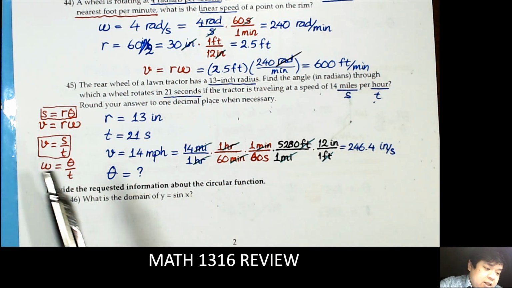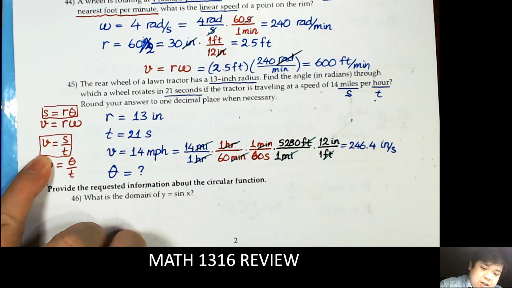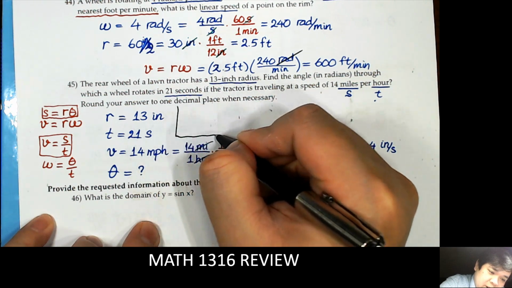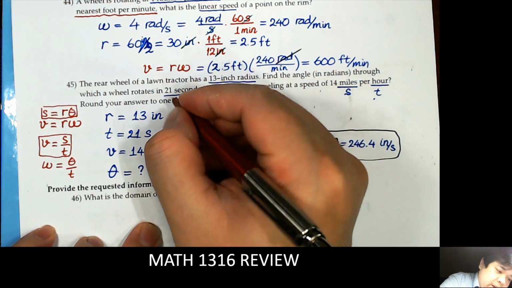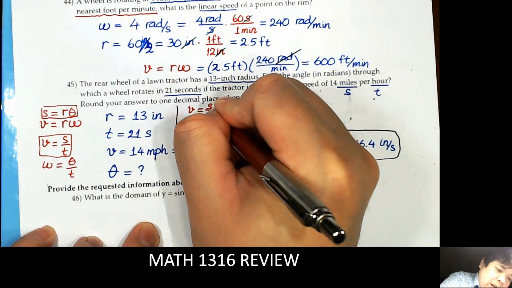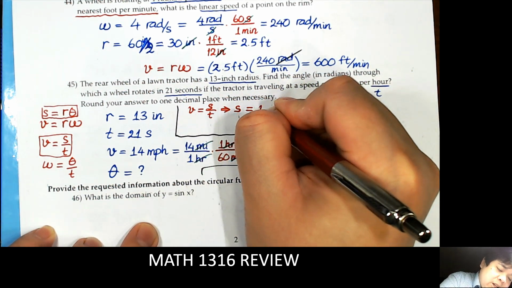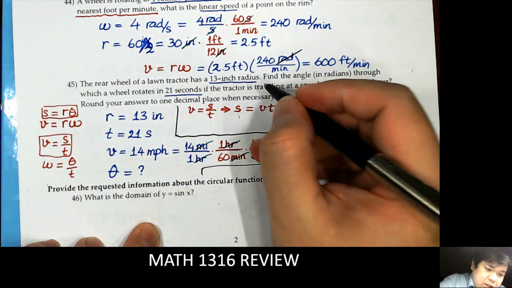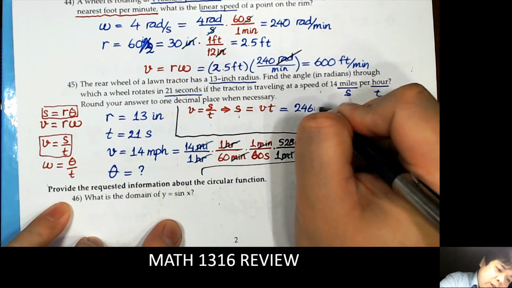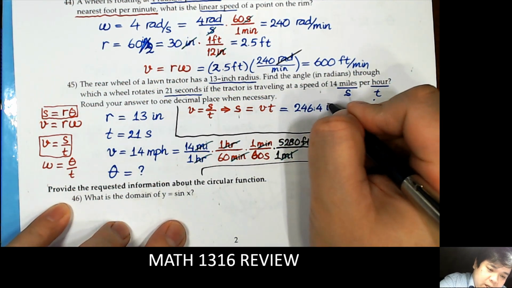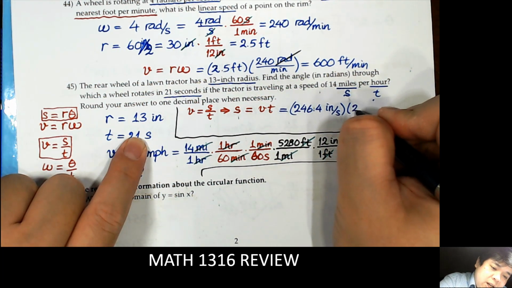So now we have the velocity, or the linear speed. V equals S over T. So S, the arc length, equals V times T. V is 246.4 inches per second times 21 seconds.